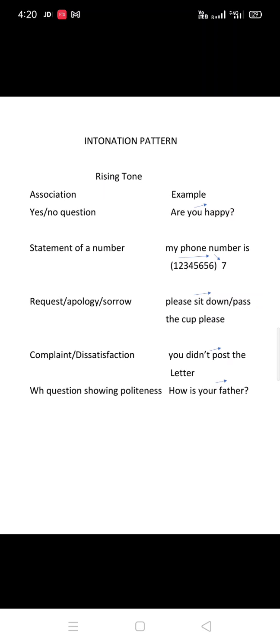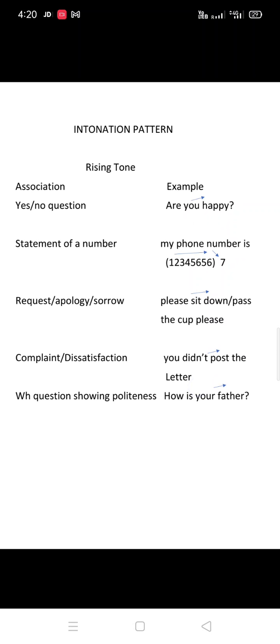Regarding request, apology or sorrow, we can use rising tone. Here it may sound confusing, because please sit down. Here, how can I use rising tone? It may sound confusing, right? Because usually what do we say?